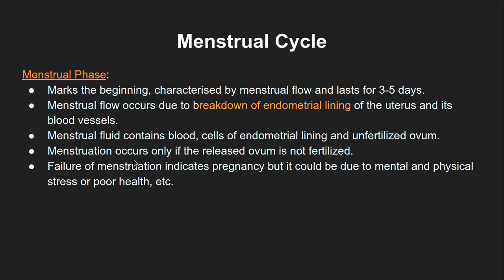And if the menstruation is continuous, that means the ova are not fertilized throughout these cycles. Failure of menstruation indicates pregnancy, but it could be due to mental and physical stress or poor health. Like I said, there can be various other reasons apart from certain malfunctions of the body, which might indicate the failure of menstruation, and not always pregnancy is the reason.